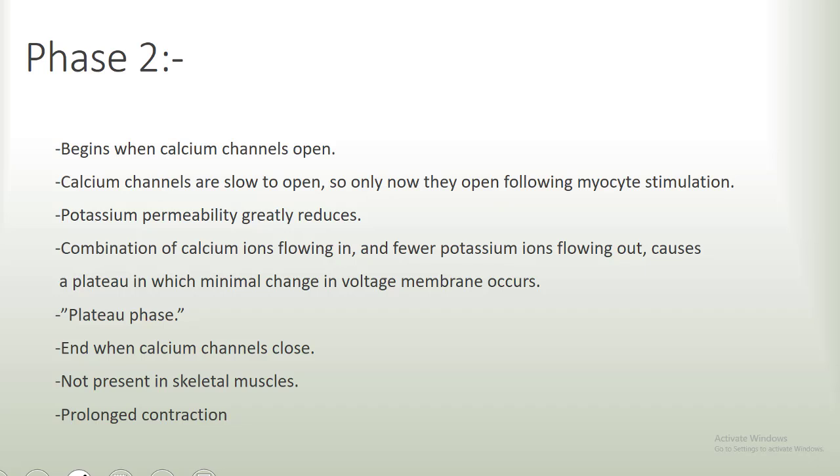And when they open, the membrane permeability to potassium will be greatly reduced. We're not sure why this happens, but regardless, the combination of calcium ions flowing in and fewer potassium ions leaving the cell will cause a plateau in which there is a minimal change in the membrane voltage. And this is called the plateau phase. This phase is present only within cardiac myocytes and is not present within the skeletal muscles, and is responsible for a more prolonged sustained contraction.